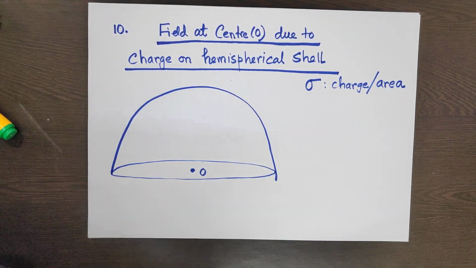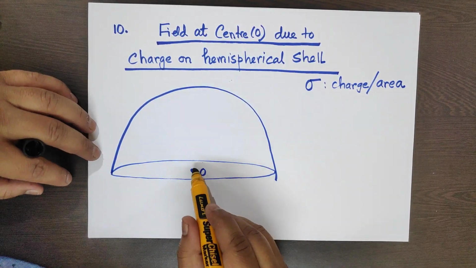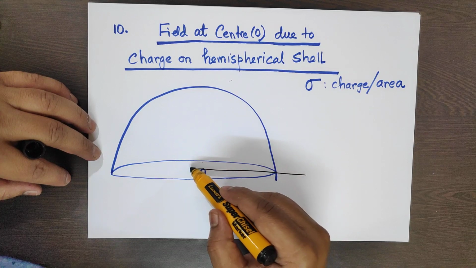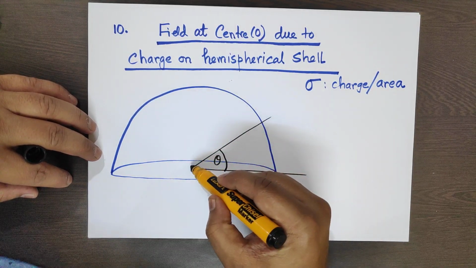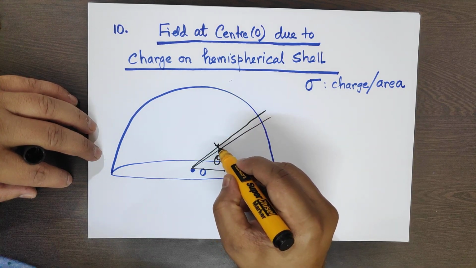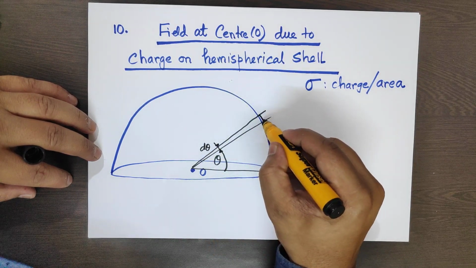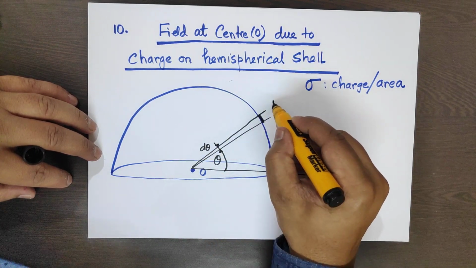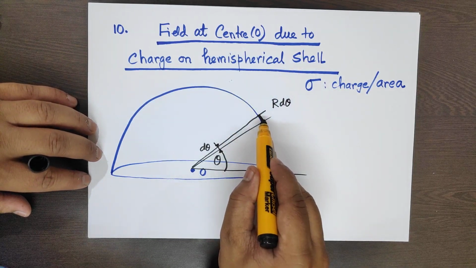Before that, let us divide this shell into rings. For that, I will take an angle theta here and an angle d theta here, small angle d theta. So, this length is equal to r d theta and a ring.